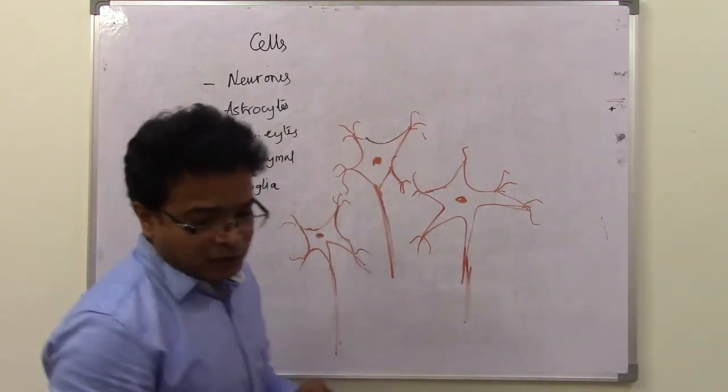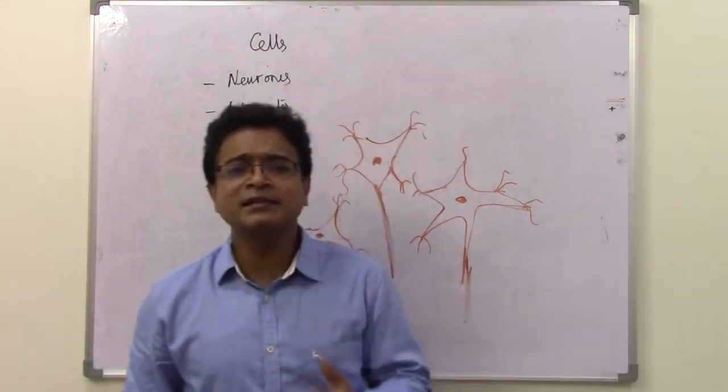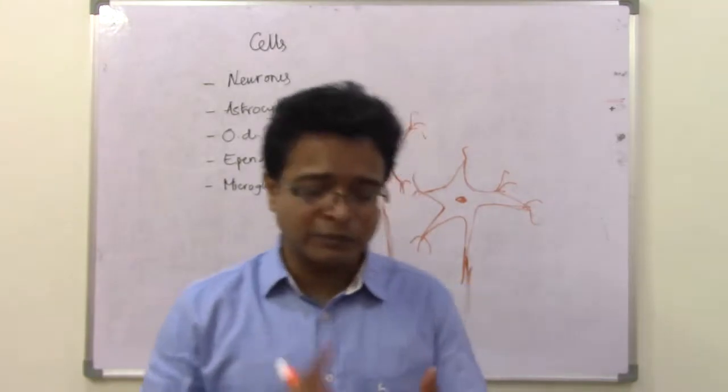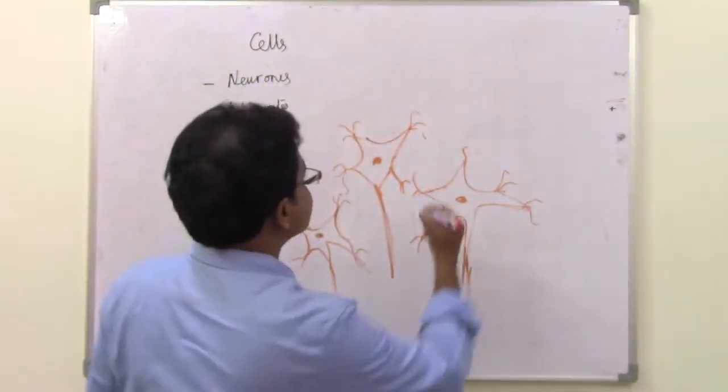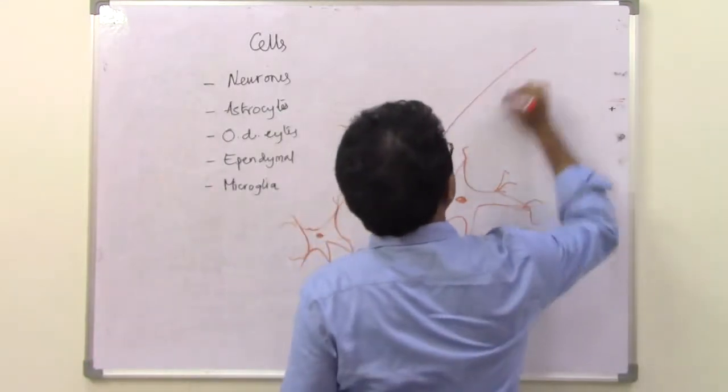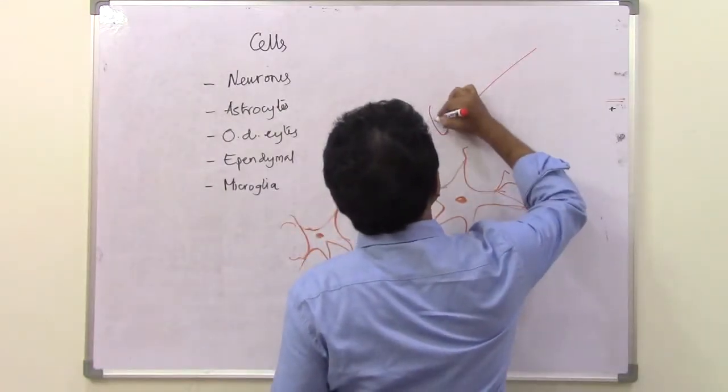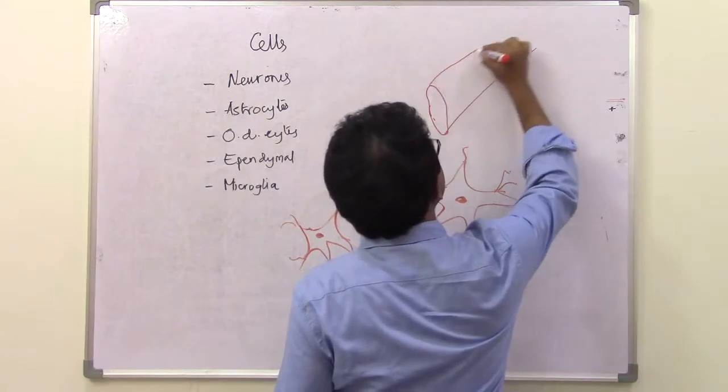Now this nervous tissue needs nutrition, that means food and oxygen. So there must be a blood vessel, a small capillary, coming in.